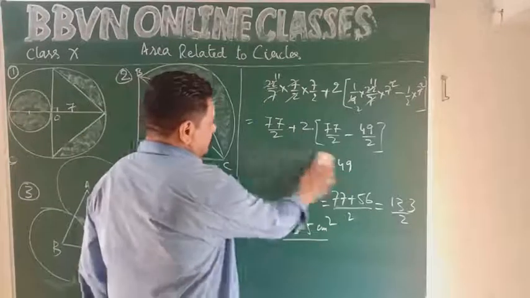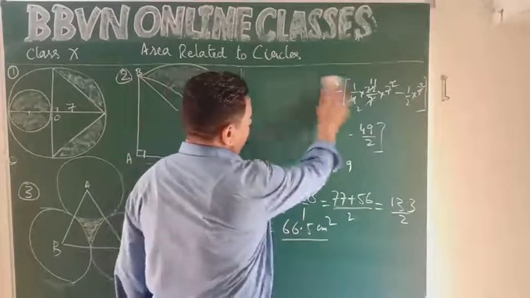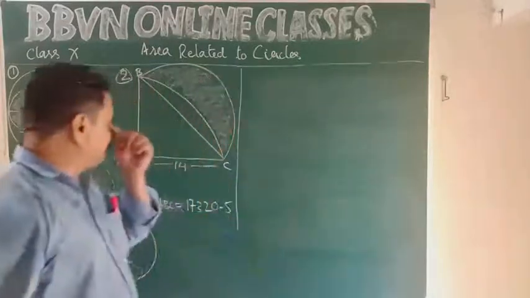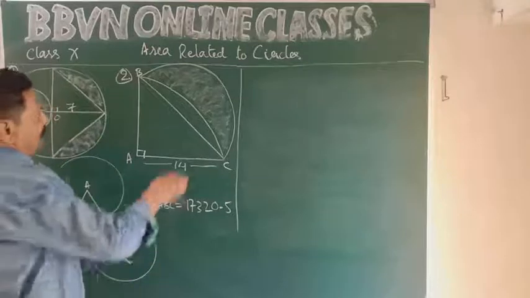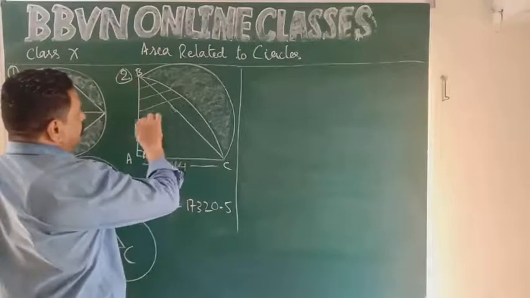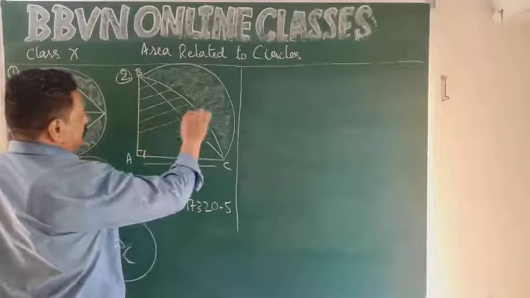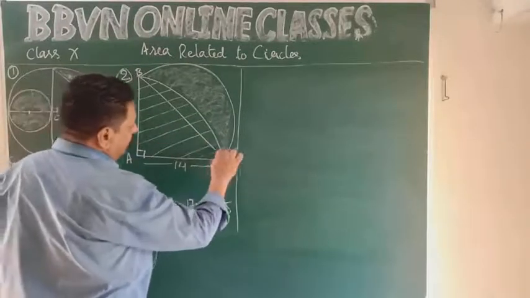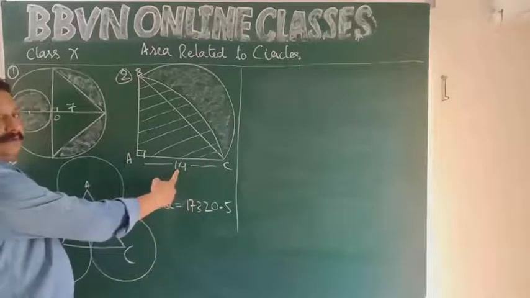Let's move on to the second diagram, second shape. If you observe carefully, this is a quadrant. Quadrant of a circle whose radius is 14 centimeters.